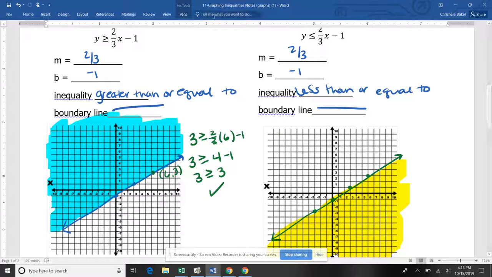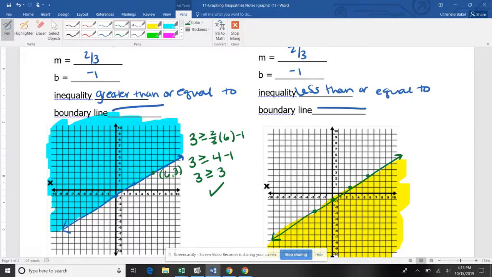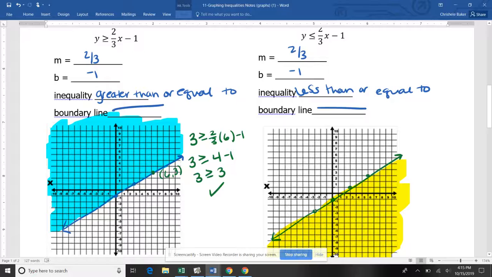Same thing here. Let's look at this point. Is that -3, -3? We'll see. -3, -3. Okay. -2 times 3 is -6. -6 divided by 3 is -2.